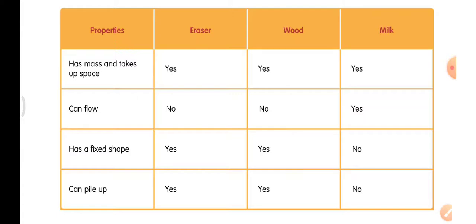Eraser has mass and takes up space? Yes. Wood has mass and takes up space? Yes. Milk has mass and takes up space? Yes. Can eraser flow? No. Can wood flow? No. Can milk flow? Yes.